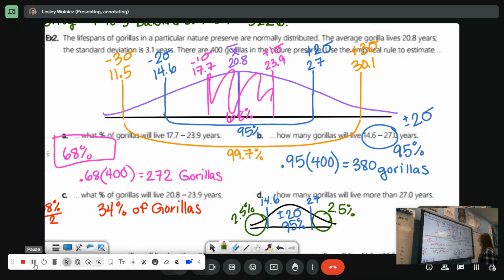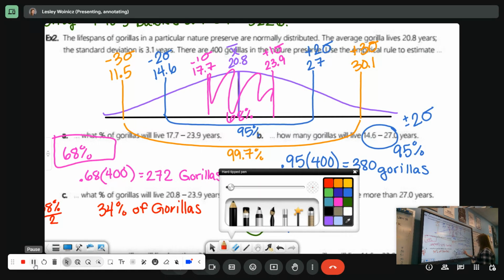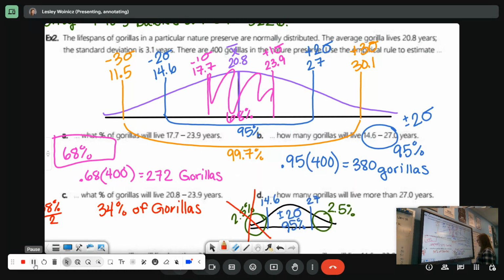So if I only care about the more than 27 and I don't care at all about under 14.6, I get to ignore these gorillas down here. I don't want the 95% in the middle. I only want the 2.5% on the top end. So I only care about this 2.5% who are likely to live more than 27 years.